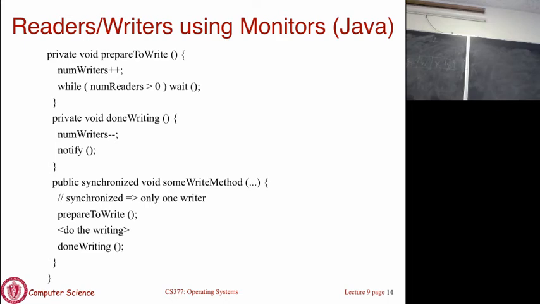So what that means is any thread that's executing in here already holds the lock. So even though these methods are not synchronized, is it ever possible for two threads to be in one of those methods at once? No, right? Because anything that's calling them has to have already taken control of the lock.